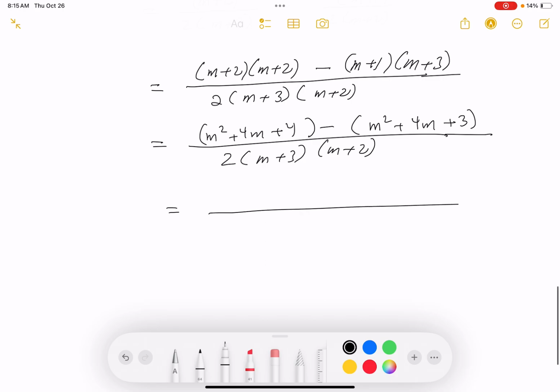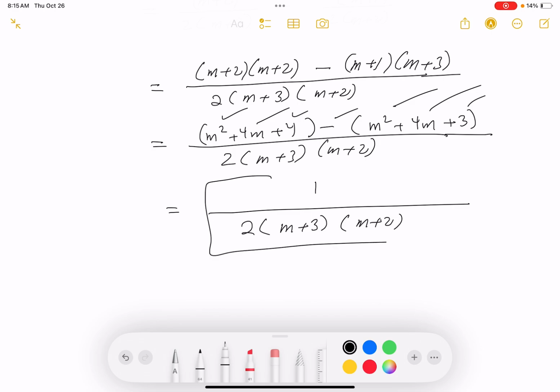Let's see what we get over here. You still get a 2 on the bottom. M plus 3, m plus 2. Well, m squared minus m squared, that's gone. 4m minus 4m, that's gone. And then you get 4 minus 3, which is just 1. Final answer. Thank you.